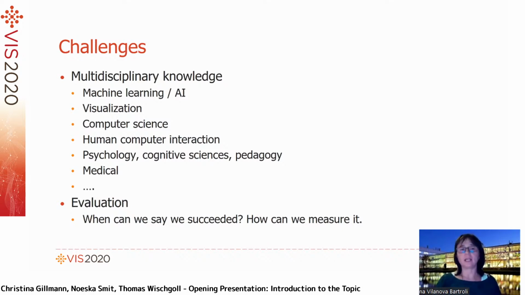Visualization, of course, but also the softer sciences. If we want to explain something and define a good explanation, there are things that come from psychology and pedagogy, from educational sciences, on how you set up a good explanation.